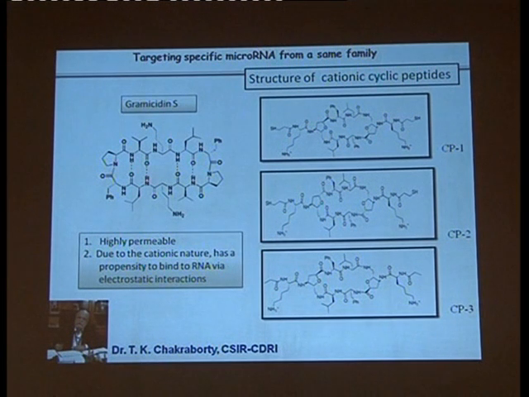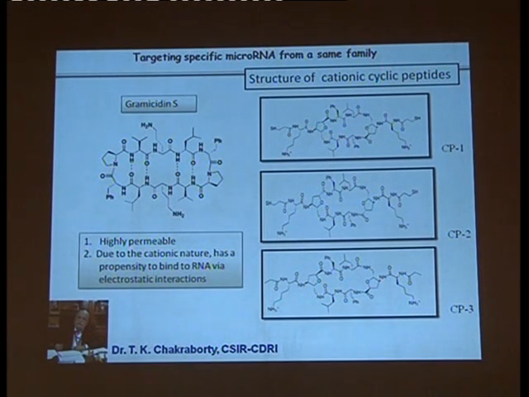So we collaborated with Professor Tushar Chakraborty. He is very well known for synthesizing natural cationic cyclic peptides, and cationic cyclic peptides are known to distinguish very fine, minute secondary structural changes at the RNA level. We thought whether we can use this kind of cationic cyclic peptide for our purpose or not.